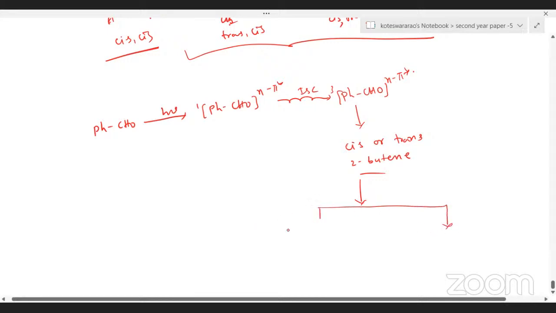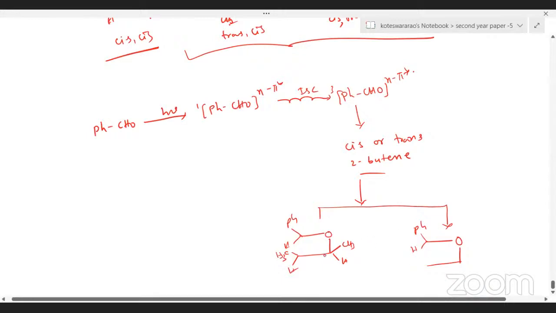One is Ph, CH3, H. Same arrangement, Ph, but there is no change.